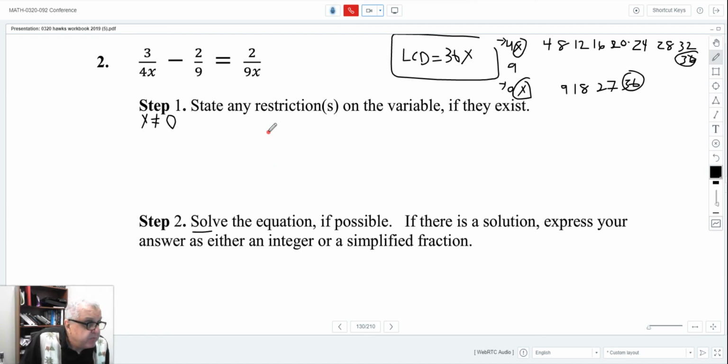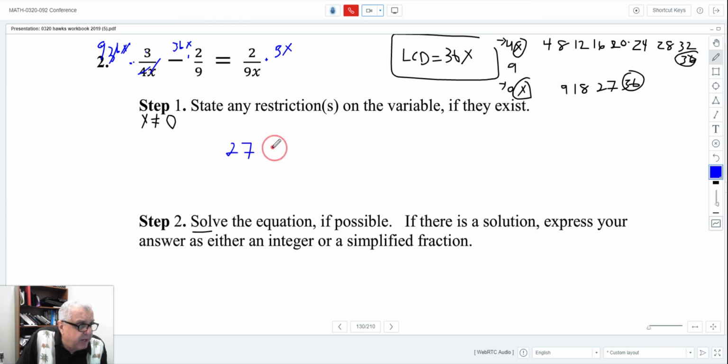I'm going to multiply this times 36x, this times 36x, and this fraction by 36x. Do you see the x's cancel? And 4 goes into 36 9 times. I'm left with 9 times 3, which is 27.